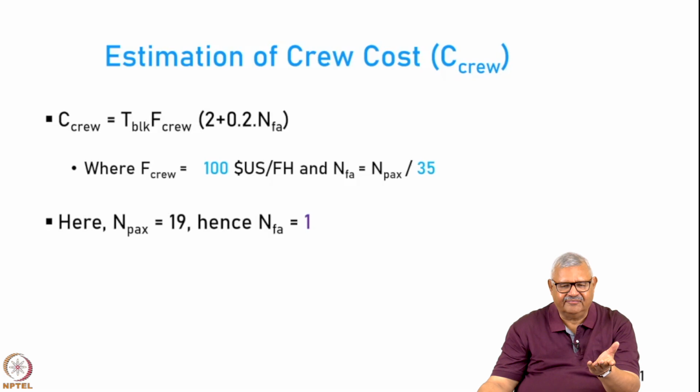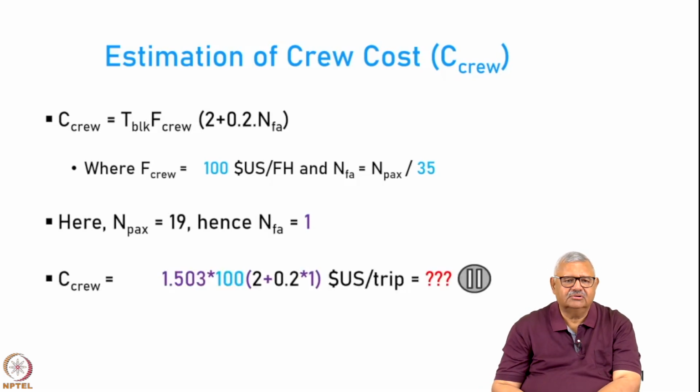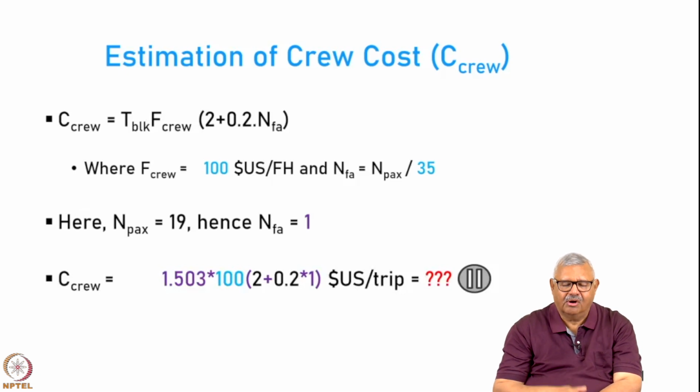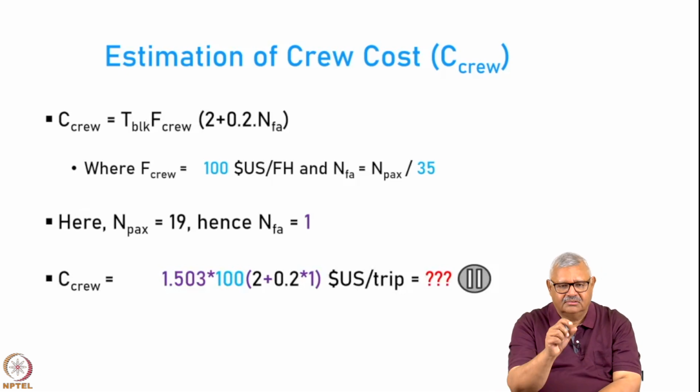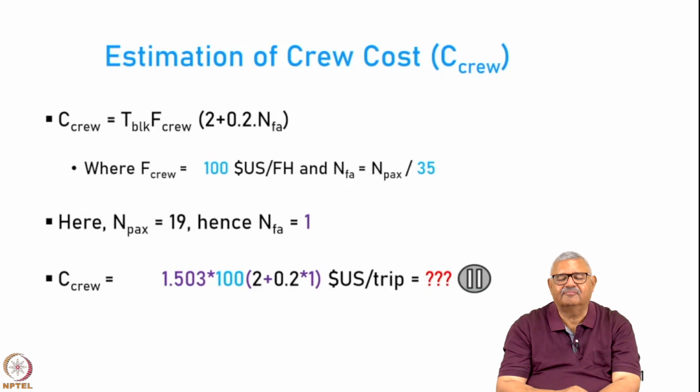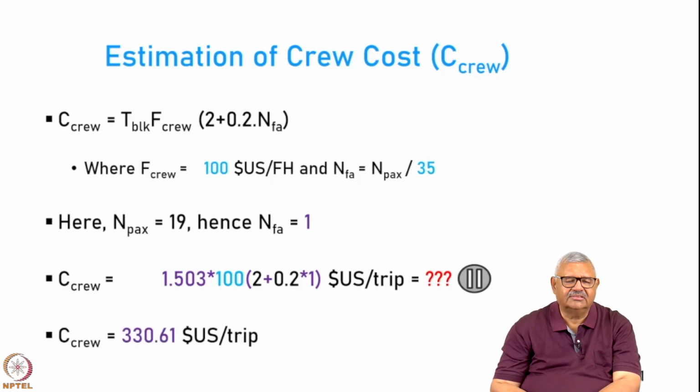So, here NFA, the number of flight attendants, will be equal to 1, and therefore the crew cost will be the block hours, 1.503 block time, into the US dollar per flight hour, and you have 2 in the cockpit and 1 in the cabin, and the cost of the one in the cabin is only 0.2. So, please calculate the value of the crew cost with this formula. It comes out to be $330.61 per trip.